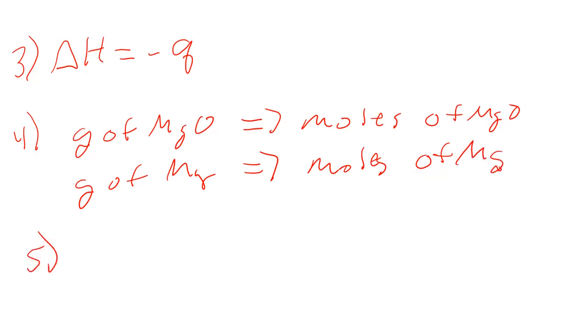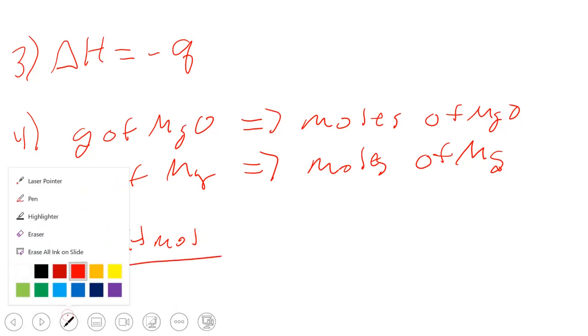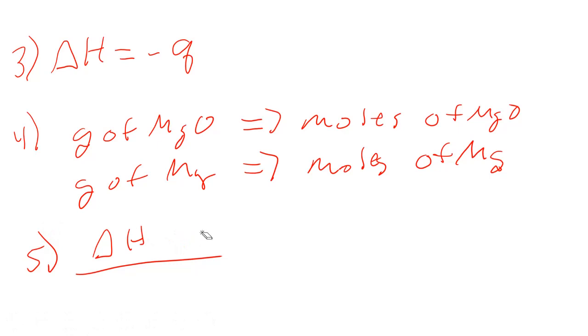Then in step 5, you're going to calculate delta H per mole for both magnesium oxide and for magnesium.